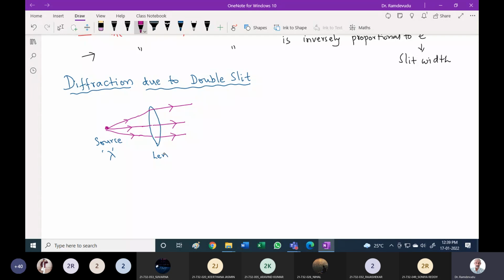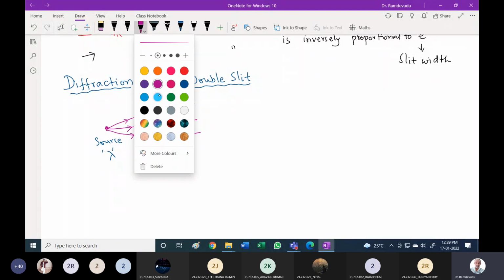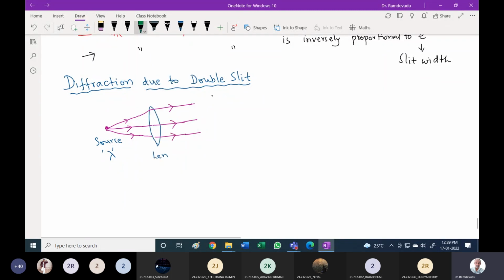In Fresnel's class, it is not a plane wave front, it is a spherical wave front. Now I take the double slit here. The double slit will have two openings, separated by a separator like this. This is the center of the slit, and we call it the double slit.